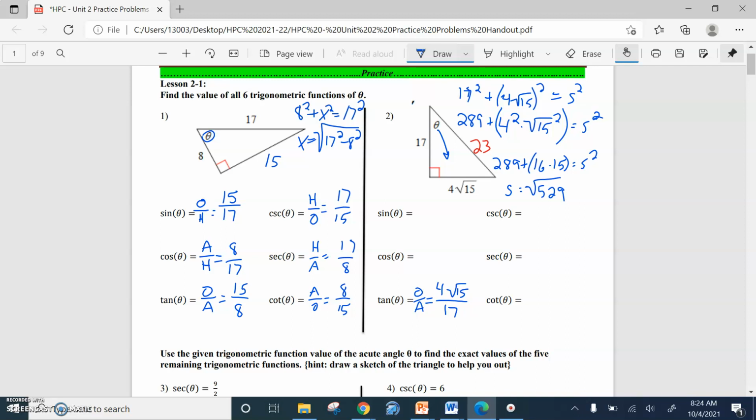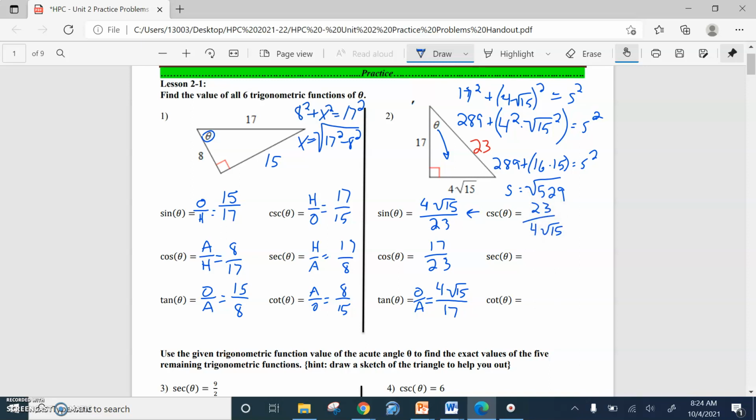I'm just going to blow through these as quick as I can. So 4 square root 15 over 23, 17 over 23, and we already had tangent. Cosecant, secant, cotangent, I'm just going to simply take the previous fraction and flip that.